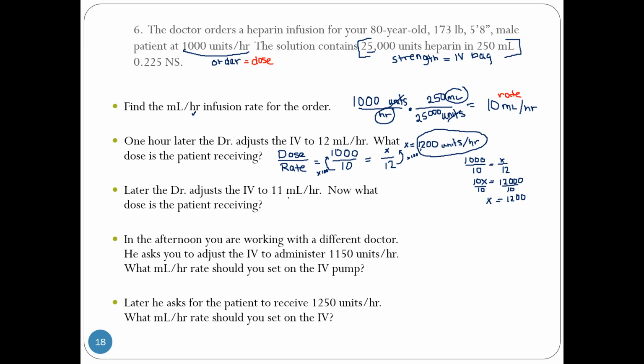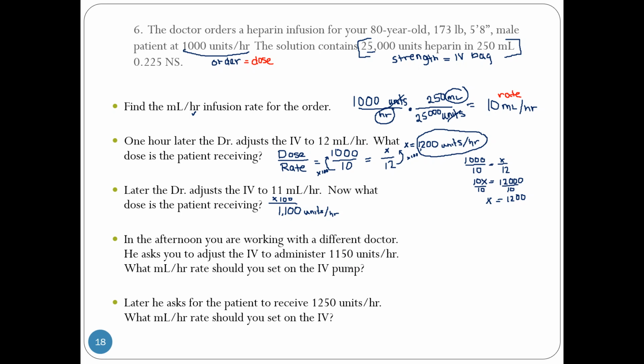And so here I have 11, and that's like the 12. So if I multiply that by 100, I should have my units, which would be 1,100 units per hour. And then similarly here, I know the dose, which is the top number.